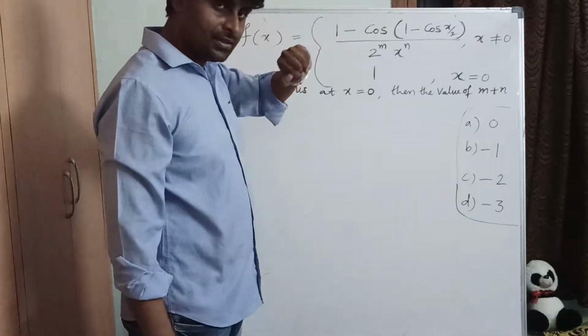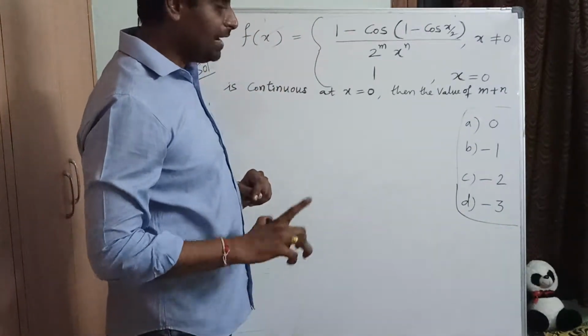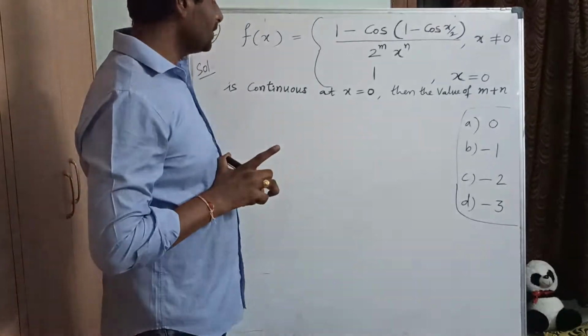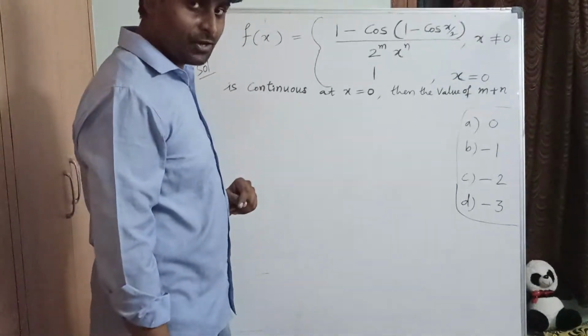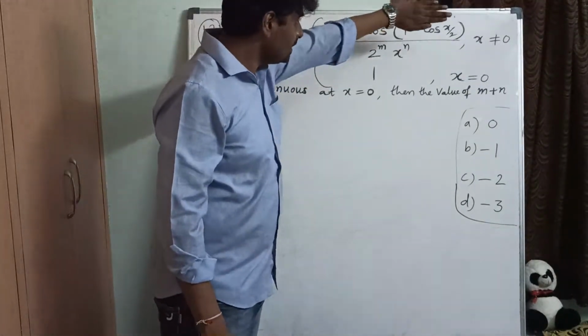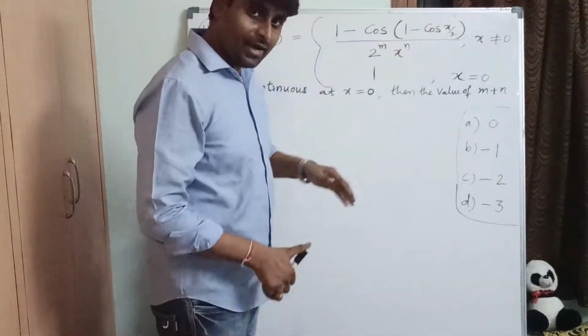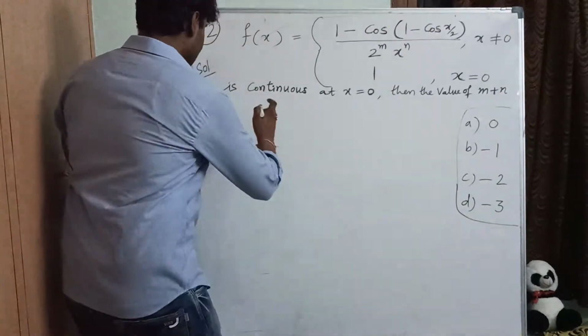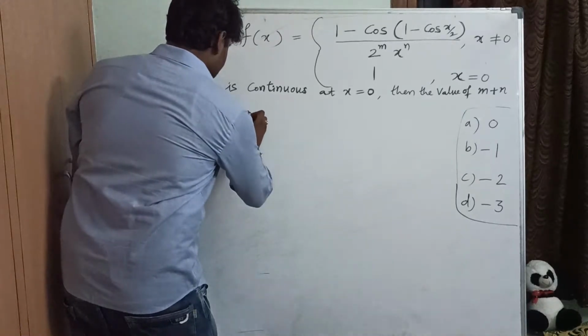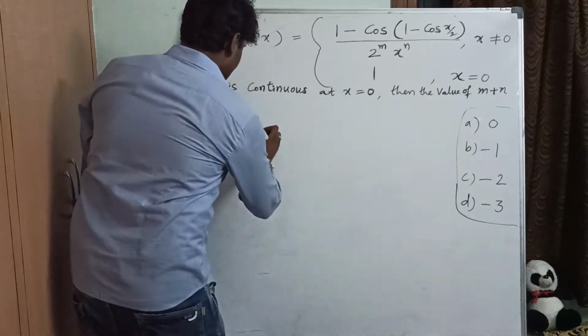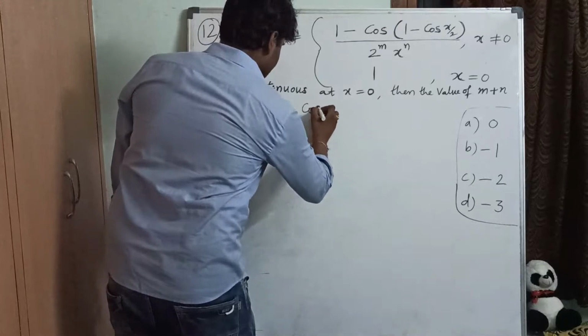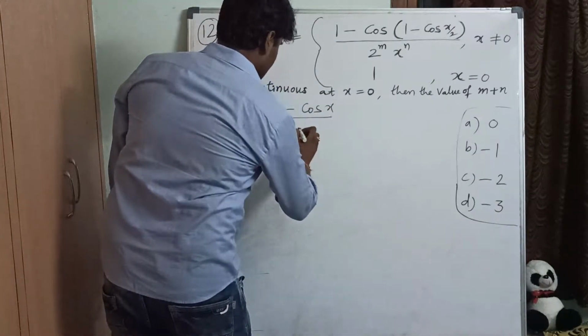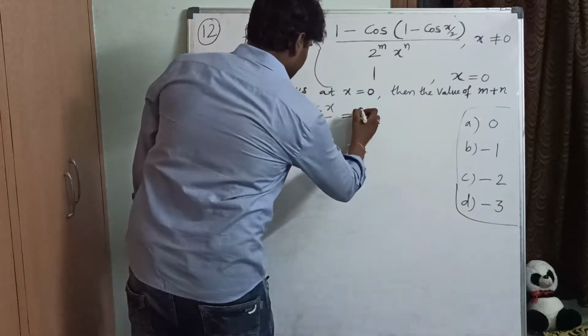Clear? So to solve this problem, we have to remember one formula. Hope you can recall 1 minus cos x by x square. Let me recall that formula. See, limit x tends to 0, 1 minus cos x by x square equals 1 by 2.